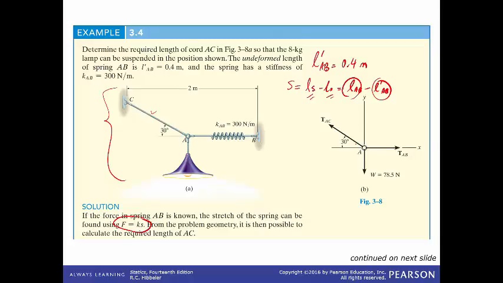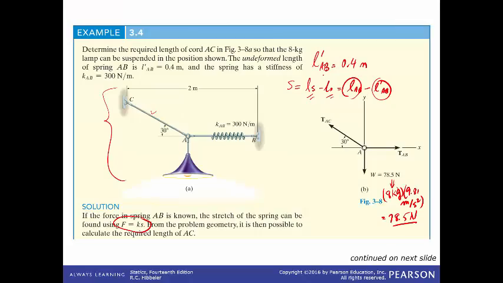Here we have TAC, and here we have the 8 kilogram lamp, and this comes from the weight, which would be the mass times 9.81 meters per second squared, and so this is 78.5 newtons.